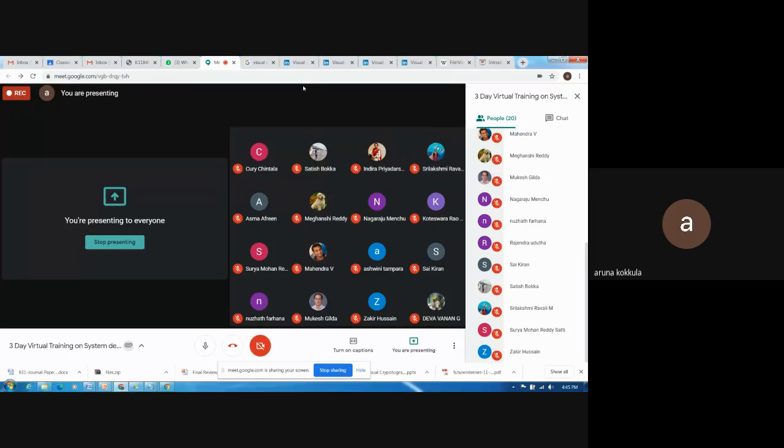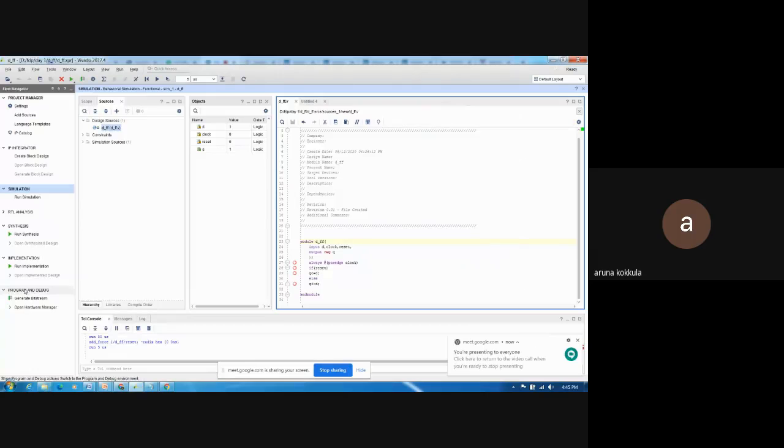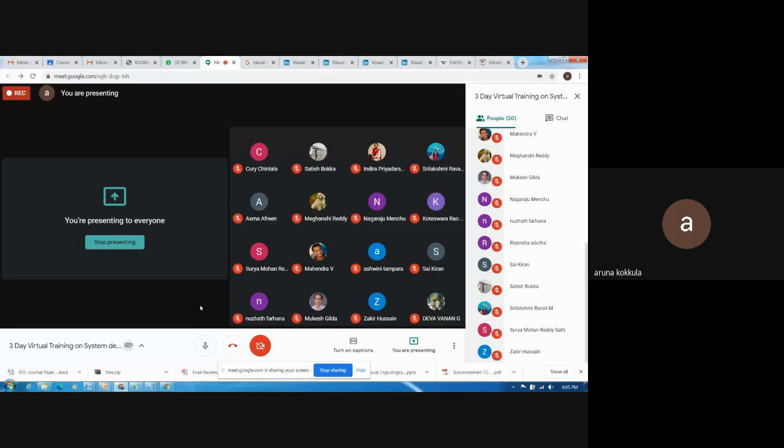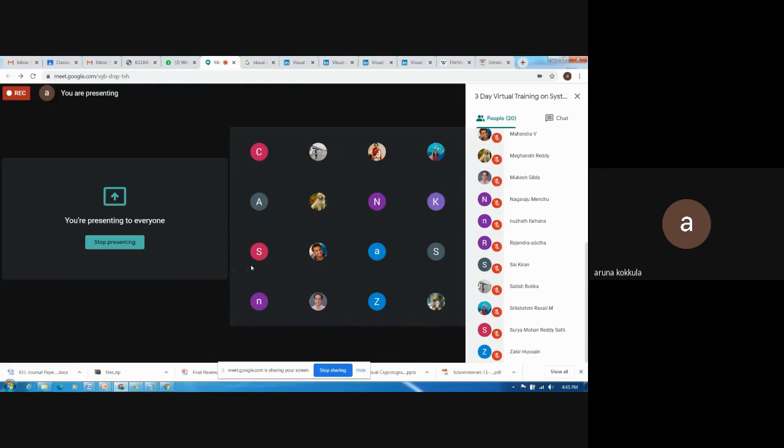The third tool covers bitstream generation, and all the steps are there: synthesis, implementation, program, and debugging. You can do all of these using this tool. It is not full-fledged, but it is an initiation to start your programming for the hardware side.